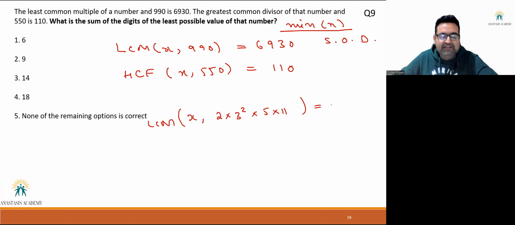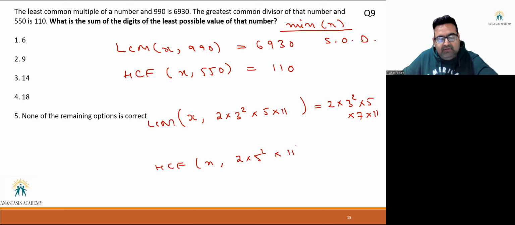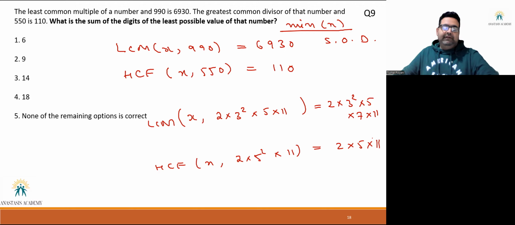For 6930, you can take 9 common and then you'll get the rest of the factors: 2 into 3 square into 5 into 7 into 11. Similarly, in the HCF one, if you factorize, 550 is 5 into 11 into 10, so it will be 2 into 5 square into 11. And 110 is nothing but 550 divided by a factor of 5.